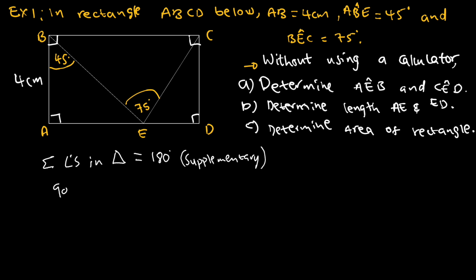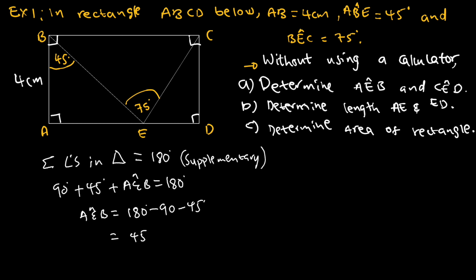So 90 degrees plus 45 degrees plus angle AEB is 180 degrees. Right. Now I'm going to say AEB is equal to 180 degrees minus 90 minus 45. Now the answer will be 45 degrees. All right, so that means that angle right there is equal to 45 degrees. Now, moving on to the second part of the question, we need to determine angle CED.